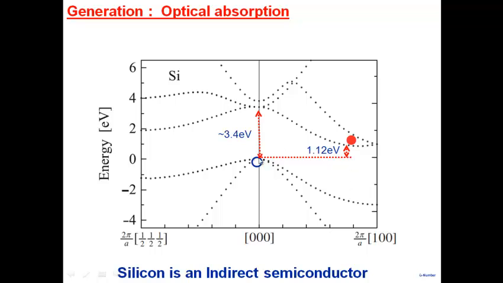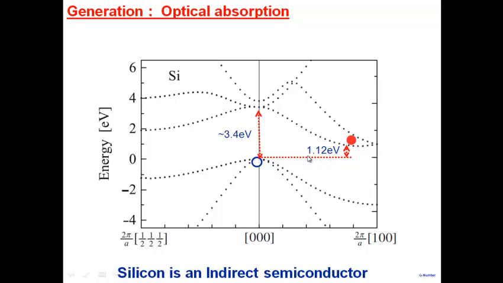So along with that, a phonon is involved, which helps to supply the momentum part. A phonon doesn't carry that much energy. For example, I may have a photon of energy 1.12, and the phonon energy may be only a few milli-electron volts, maybe 10 or 15 milli-electron volts or so. So the phonon energy is small, but the phonon can supply a large momentum.